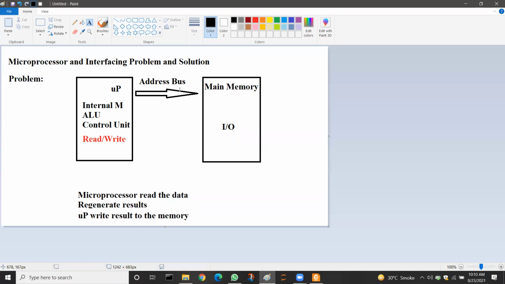In line with the address bus, there is also a bus called the data bus. Let me write it here.